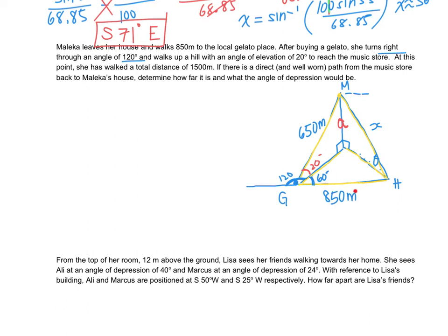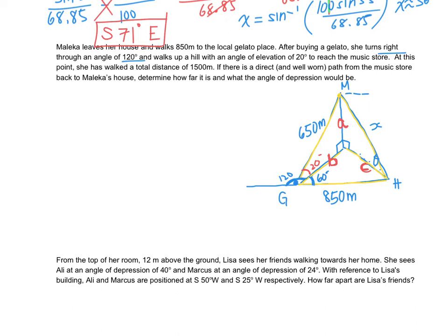That is not enough to do sine law or cosine law, which means I actually have to solve for this as well, because then I'll have that little alligator mouth and I can do cosine law to solve for this. So quite a few steps to do. A will be step 1, B is step 2, C will be the third step, and then we can actually find what we're looking for.